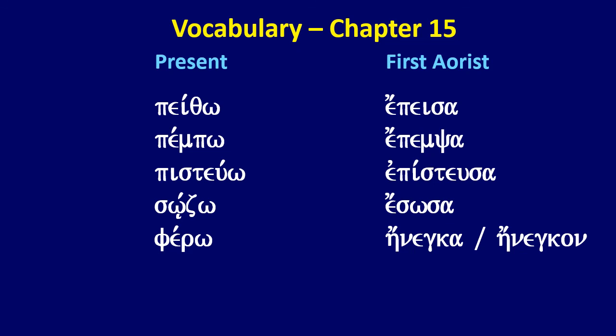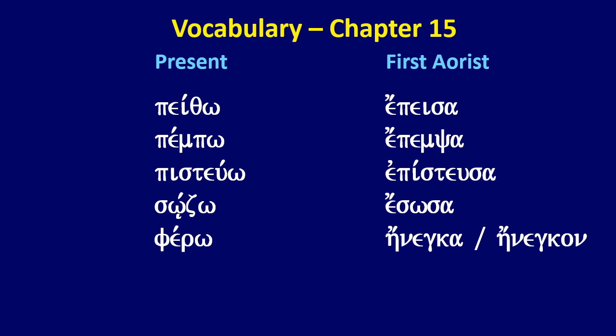And so sometimes, like in 1 Peter chapter 2, it is translated there twice as believe in some translations, like the King James and New King James versions. It's interesting to note. But peitho means I persuade, and in its first aorist form, it's pronounced epeisa, and it means I persuaded. Again, looking at it from a past tense standpoint.